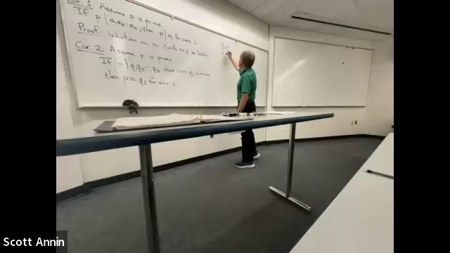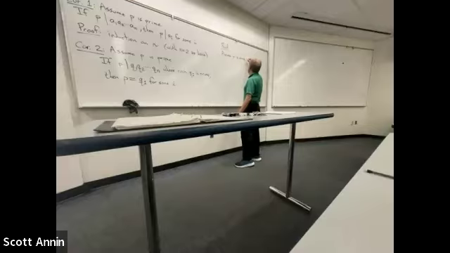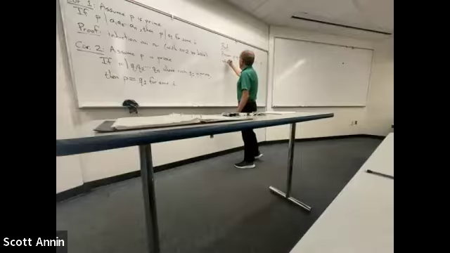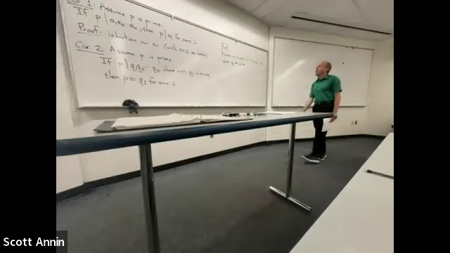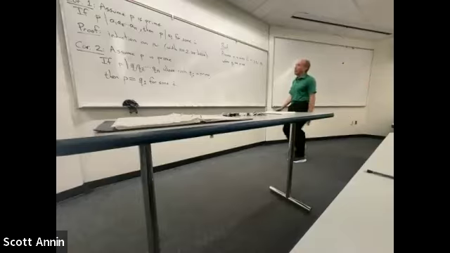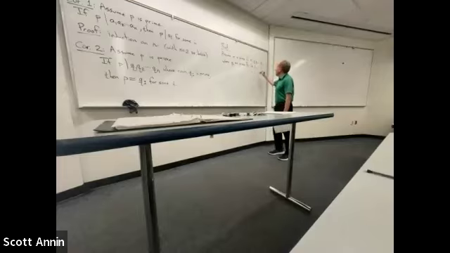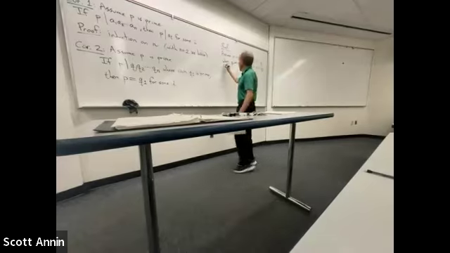So assume P is prime and P divides the product of Q1 and Q2 and ... up to Qn, where the Q sub i's are prime. Okay, so by corollary 1, P divides Q sub i for some i.